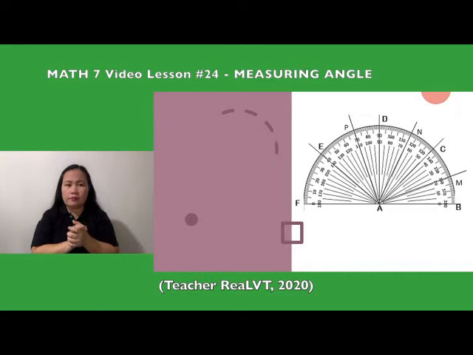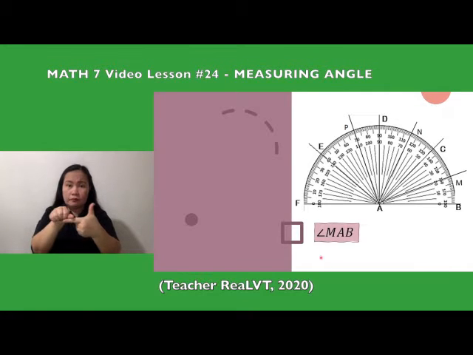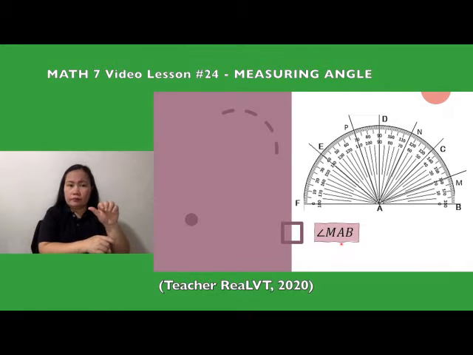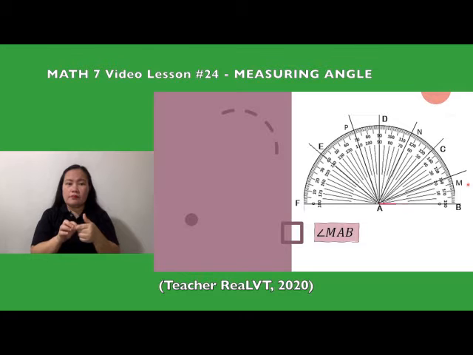Let us now have the three kinds of angle. So we have the given angle MAB. Let us draw angle MAB. Simulan natin sa vertex na A, papunta sa initial side, which is yung line 0, so that is AB. And then, kailangan nating mag-draw ng isa pang line or ray, papunta naman sa M, so that is AM.